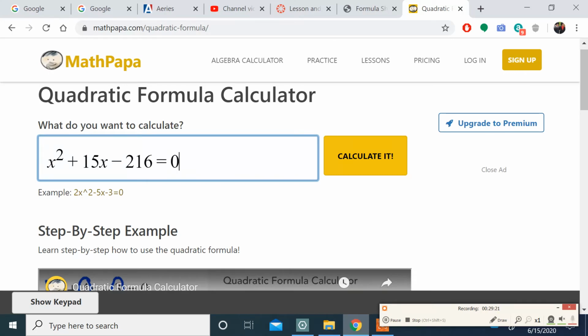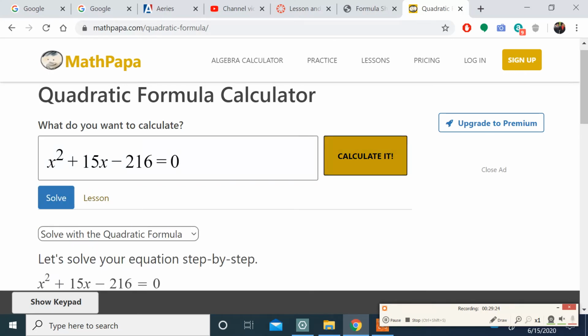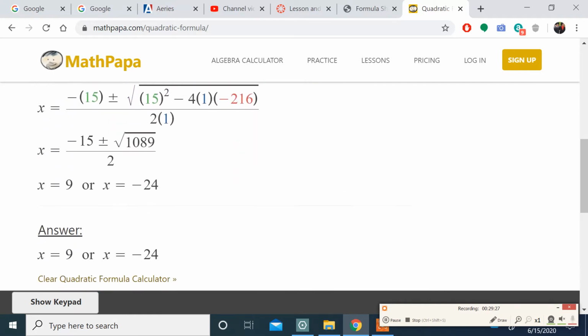It's equal to 0. You click on calculate, and here's where you have to be very careful.